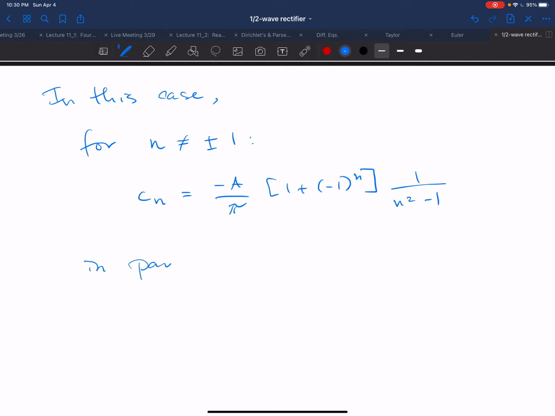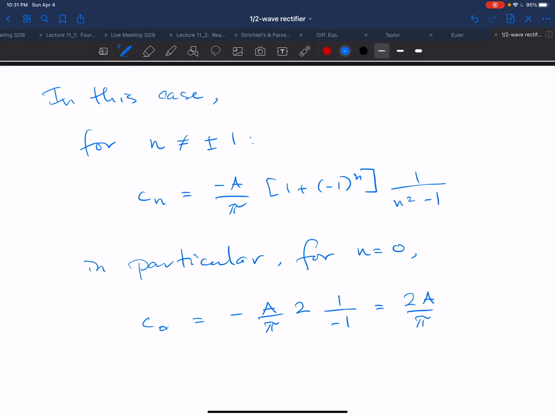So in particular, for n equals 0, C0 will be minus a over pi times 2. The expression in square brackets works out to be 2 times 1 over minus 1. So we end up with 2a over pi.